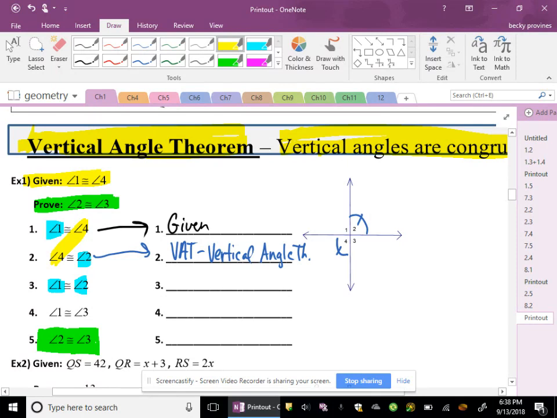Since they both have that angle in common, that's a property, and this is a property from the previous lesson. So we have to go back and look at the list of all the properties. Try to guess. We're going from step 2 to step 3, and the reasoning goes straight across. The reasoning is called the transitive property.